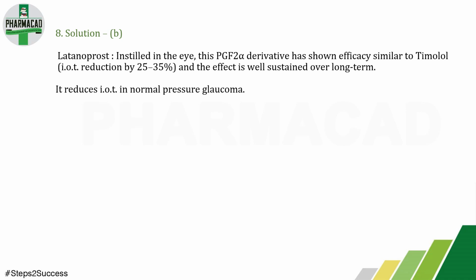It is a PGF2 alpha derivative and has efficacy similar to timolol. It reduces the intraocular tension by about 25 to 30%, and its effect is well sustained over the long term. It also reduces the intraocular tension in normal pressure glaucoma.